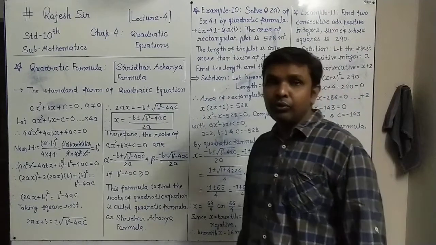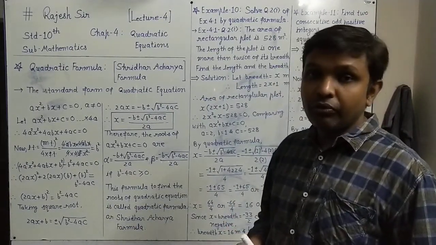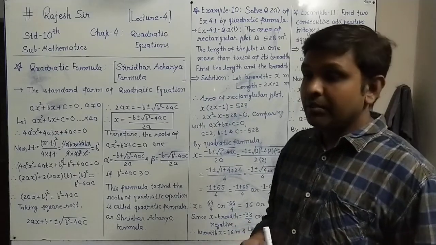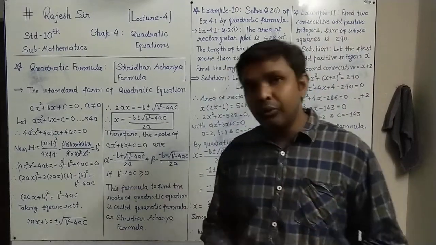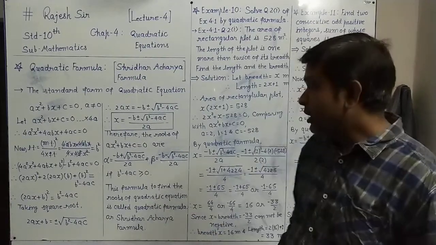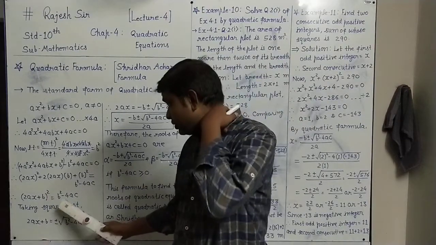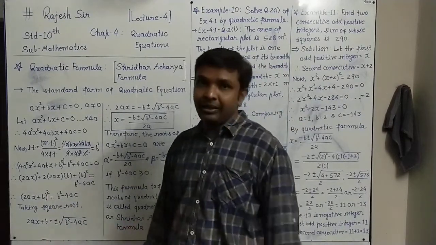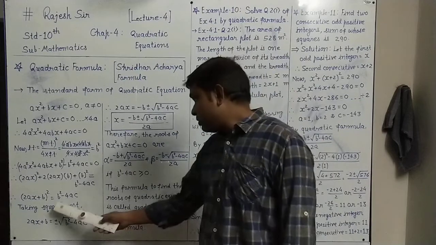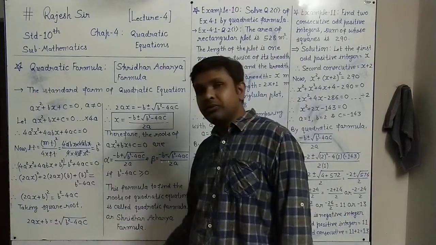Like the root of 4 is generally said to be 2, but the root of 4 is minus 2 also, because minus 2 square also gives 4 and plus 2 square also gives 4. So whenever you are finding the root in the theoretical part, we have to show the root with both plus and minus signs. So this is the square root of b square minus 4ac with plus or minus.